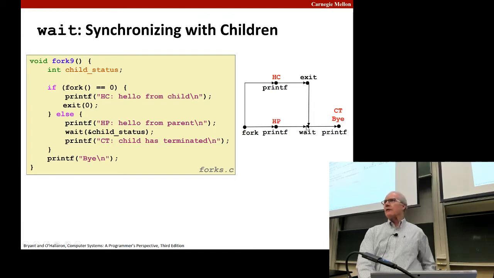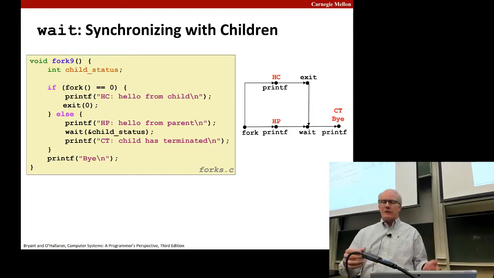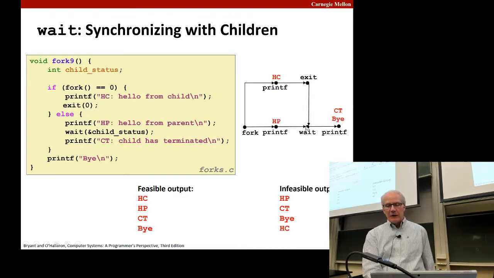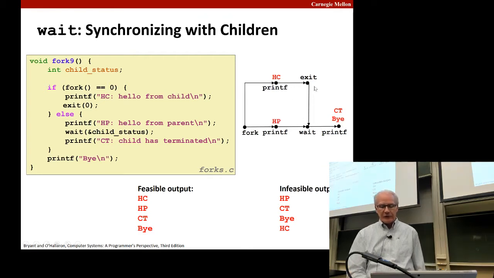So this is, again, one way it controls the concurrency, the possible executions this program could have. It's impossible for the program to print "Bye" here without having previously printed HC, the hello from the child, because wait will only continue past this point once the child has executed.